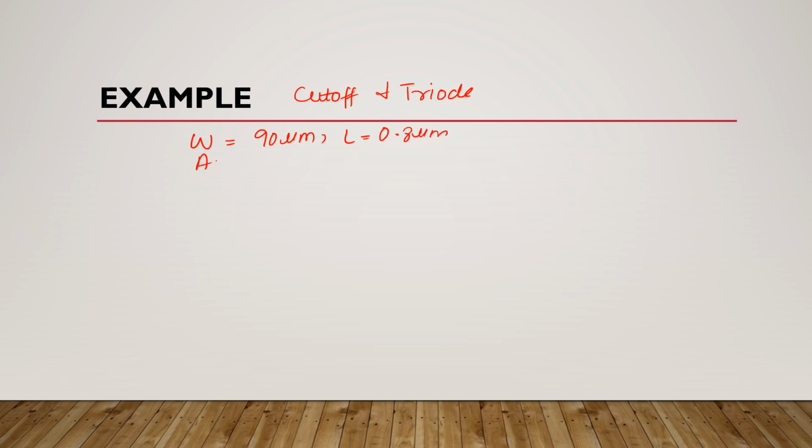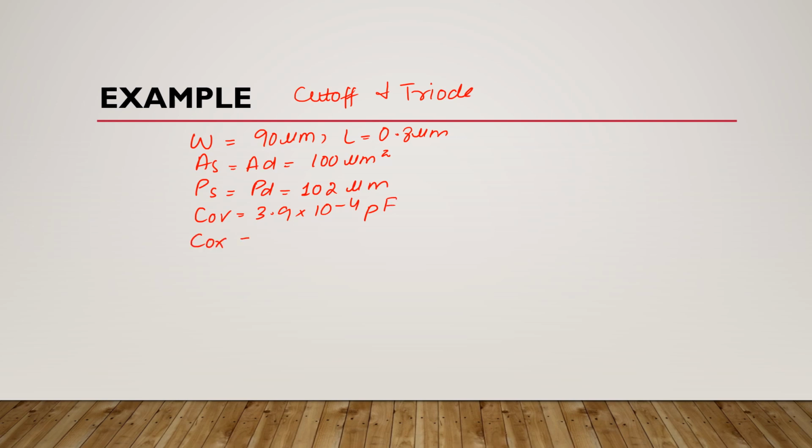Area of source is equal to area of drain, and they are equal to 100 micrometer square. Here source perimeter is equal to drain perimeter, and they are equal to 102 micrometer. Here overlap capacitance is 3.9 into 10 raised to the power minus 4 picofarad.